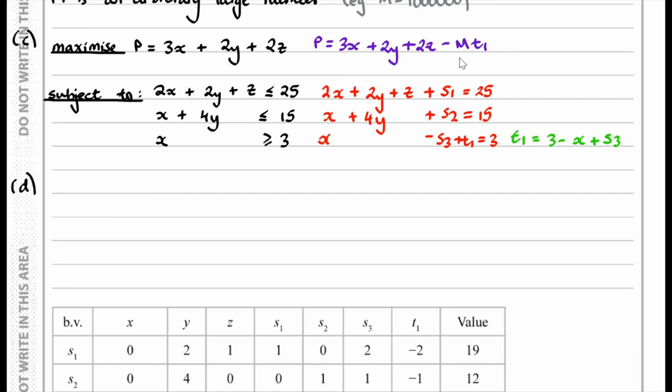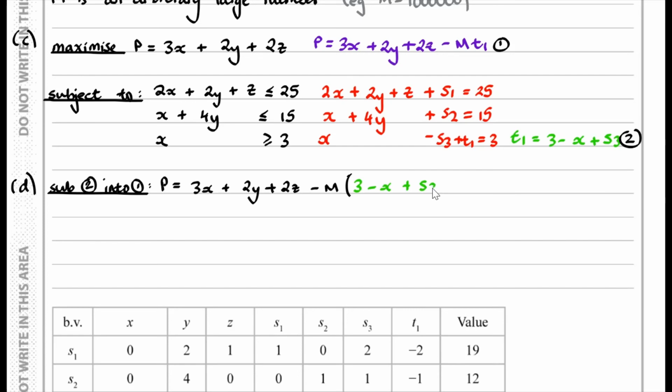If we call this equation 1 and this equation 2, we will essentially substitute equation 2 into equation 1. So if we sub equation 2 into equation 1, you'd find over here we have P equals 3x plus 2y plus 2z minus M lots of this bit in green over here, which is 3 minus x plus s3.